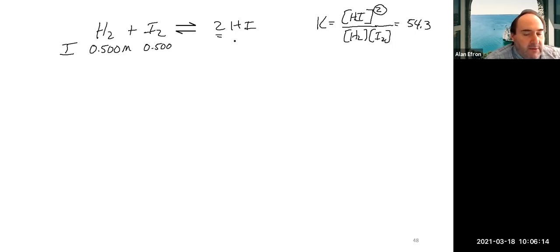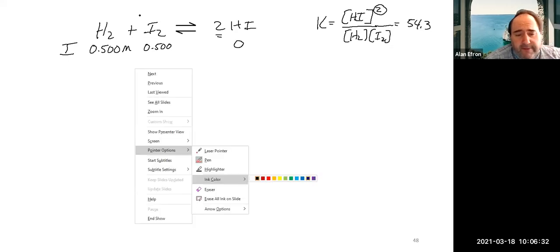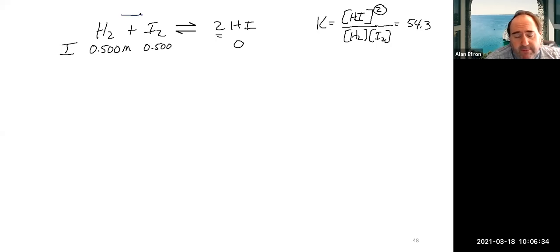And since there was no mention of our product here, we can safely assume that it's going to be 0. In addition, because we do not have any products given to us to start with, we could also safely assume that this reaction is going to head towards the product side.